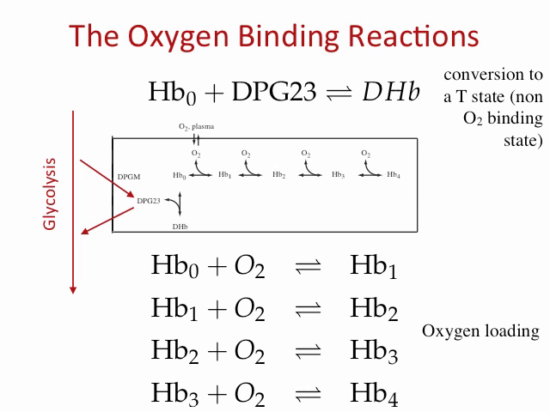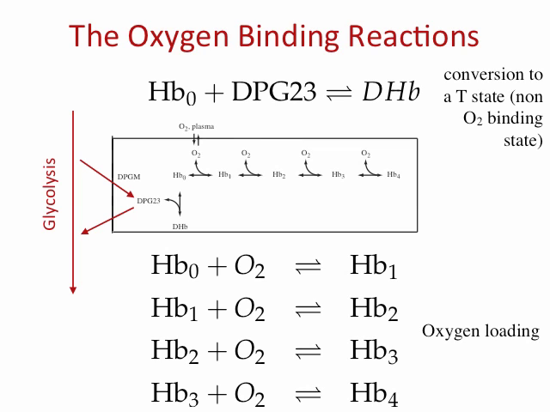2,3-DPG will bind to hemoglobin and convert it to what's called a deoxyhemoglobin state. This is a T state or a tight state of hemoglobin that cannot bind to oxygen.